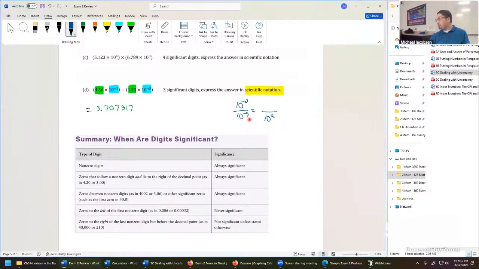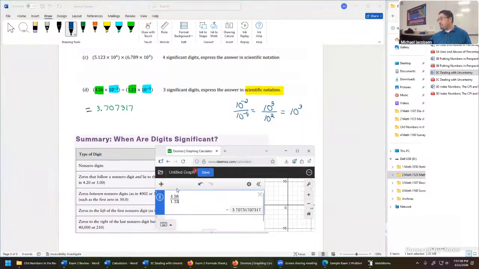This one, which is negative, you can throw up into the numerator, and now it's positive as well. Then we just subtract the exponents: 5 minus 2 for 10 to the power 3. It works here as well, but it's negative 2 minus negative 5, so you have double negation, a little bit trickier, getting you the same value.